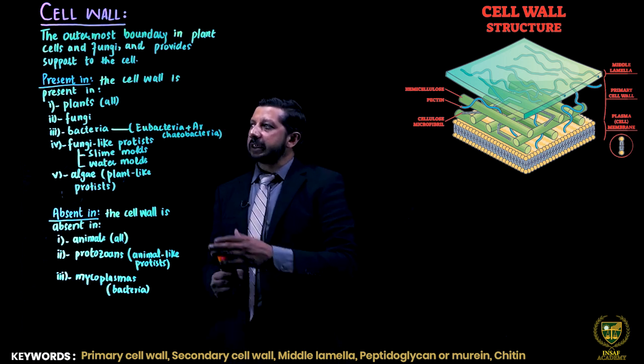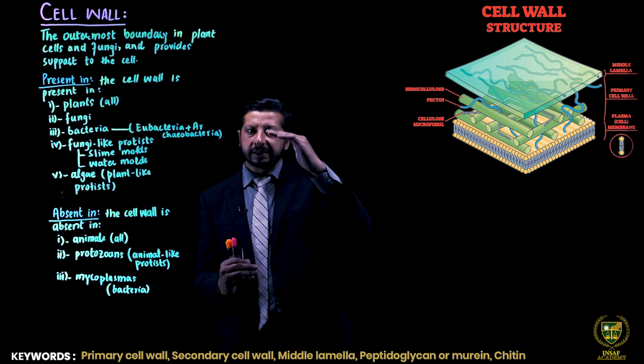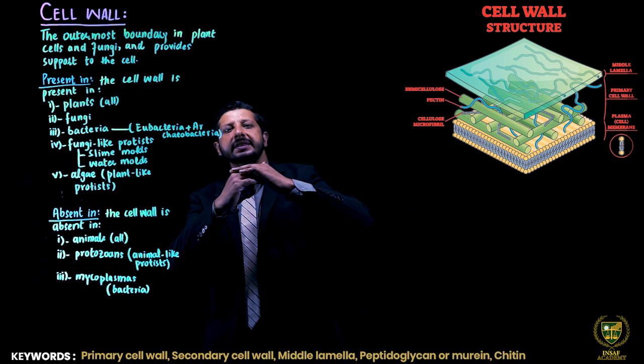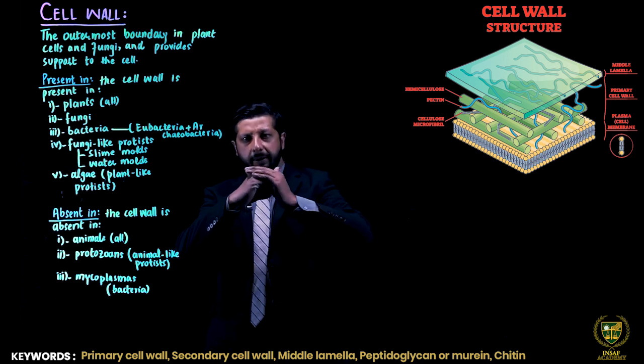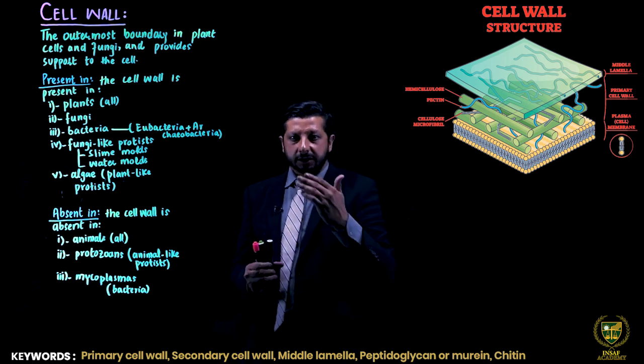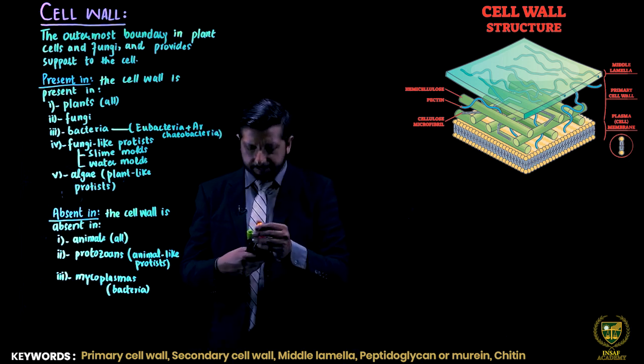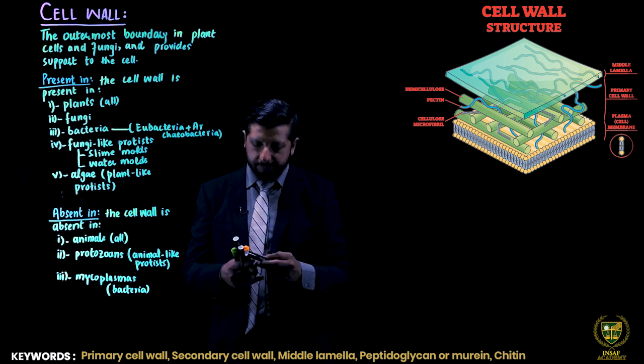Clear? And the organisms which possess cell wall, it just lies immediately above the plasma membrane. Right above the plasma membrane. So now we will discuss turn by turn in all of these organisms which possess the cell wall.